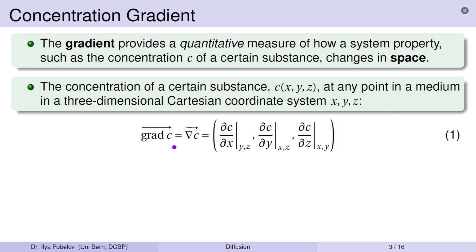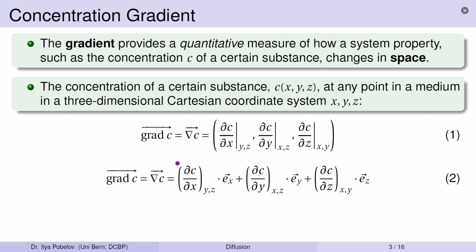Mathematically, the gradient of concentration is a vector given by this equation, or alternatively using base vectors by this equation. Here, dc by dx, dc by dy, dc by dz are the partial derivatives of the concentration function with respect to x, y, and z respectively.